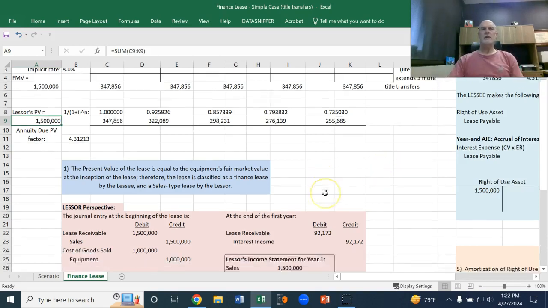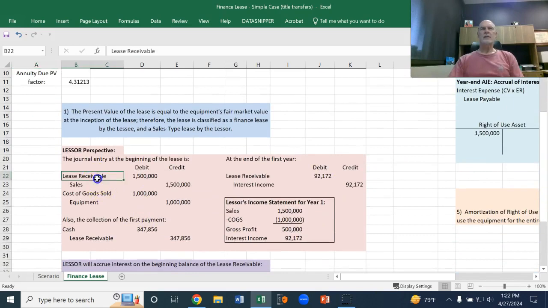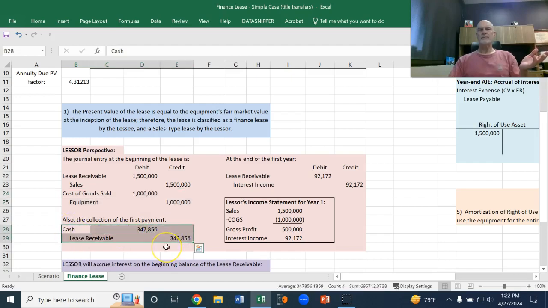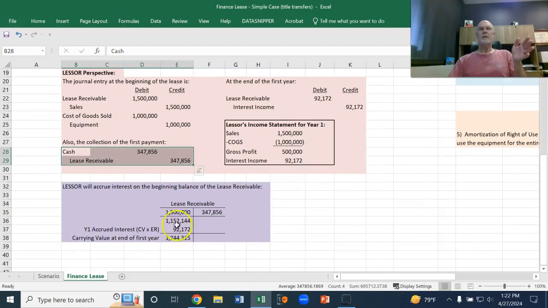So the lessor would record a lease receivable and a sale of $1.5 million. They would also record cost of goods sold of $1 million when they take that equipment off the books. And initially, of course, they would have the very first payment right there at the very beginning too. So as of the end of day 1, we have the $1.5 million receivable offset by the collection.